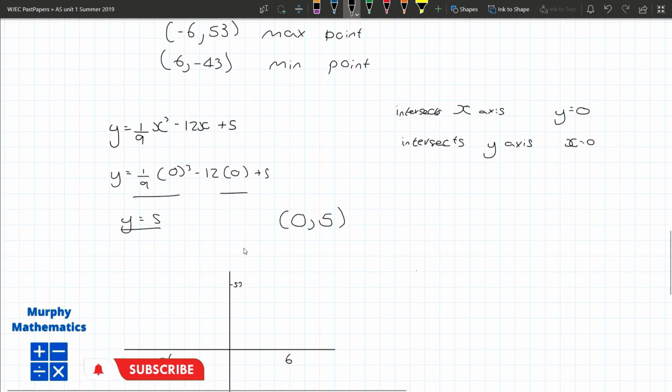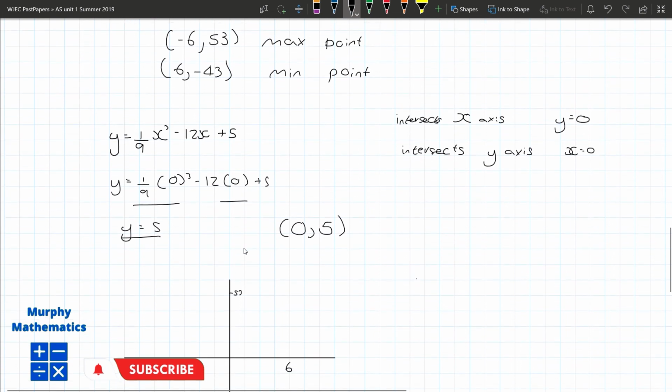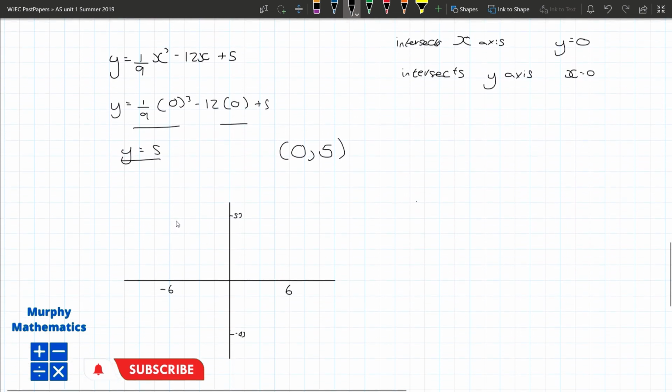Okay, now plotting our points. So minus 6, 53, so we've got a point here. We've got a point by here. And the last point, so x 0, y 5, where it crosses the y-axis. Yeah, that looks about right.